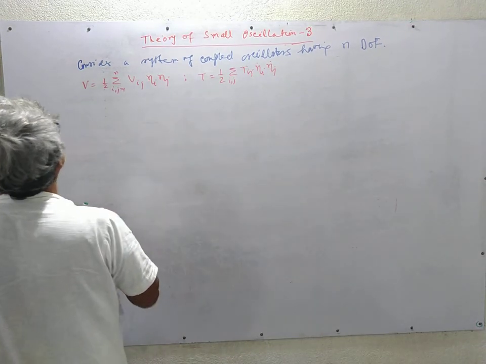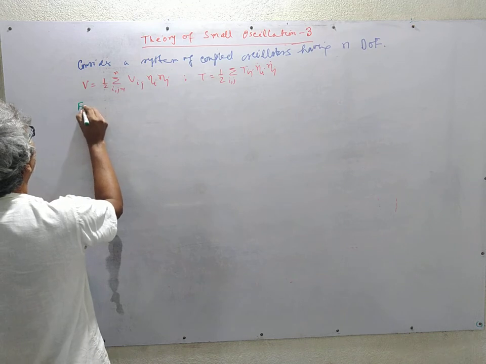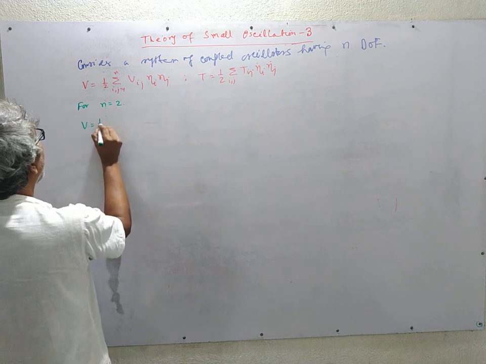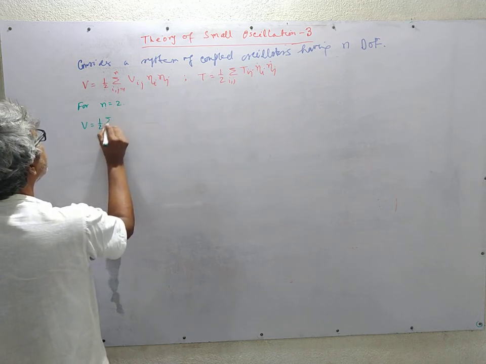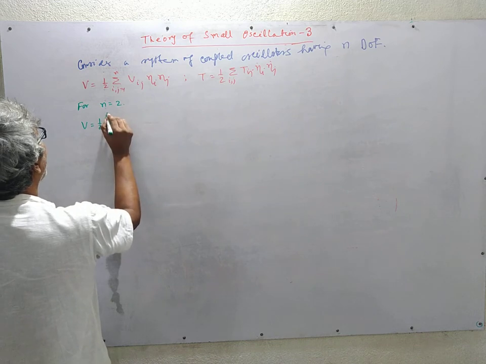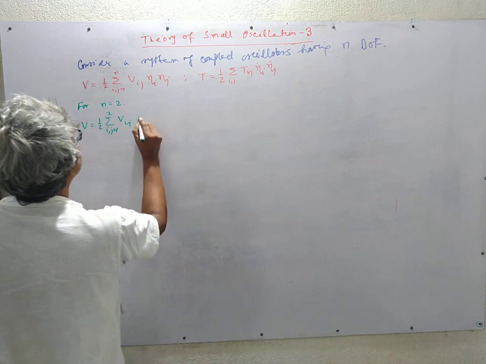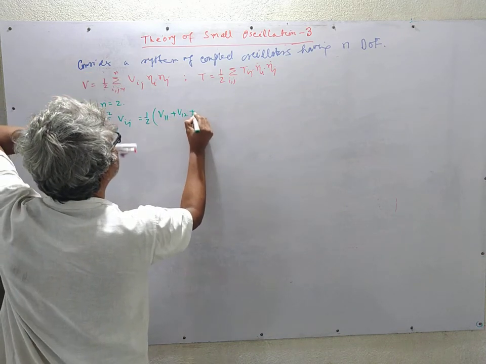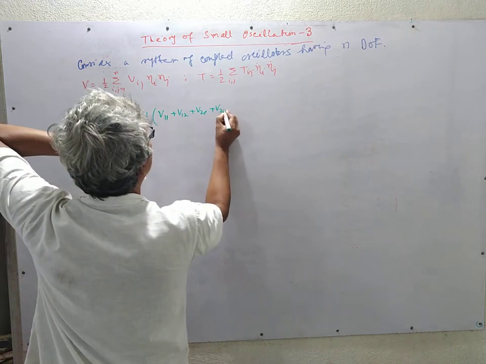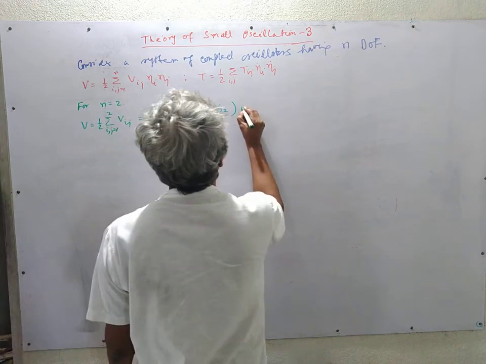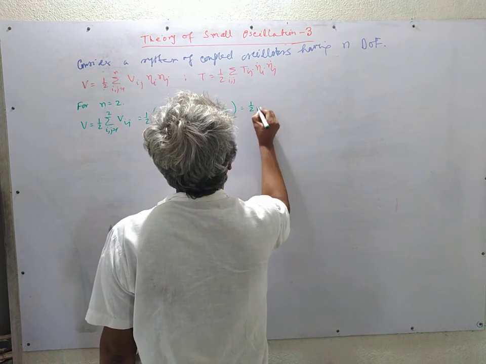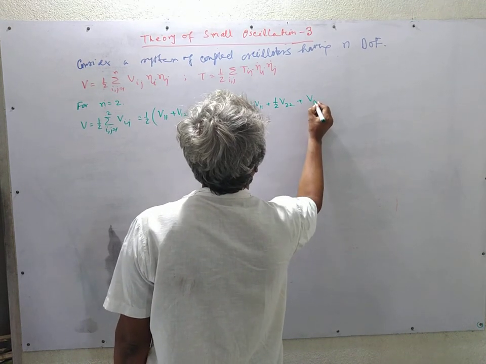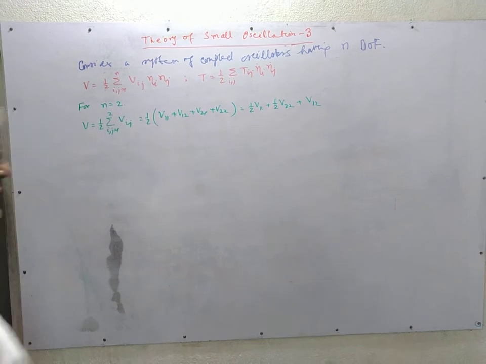So for n is equal to 2, we write V is equal to half summation over ij is equal to 1 to 2, Vij, this becomes half V11, V12, then V21, then V22. So this can be written as half V11 plus half V22 plus V12, as V12 is equal to V21.